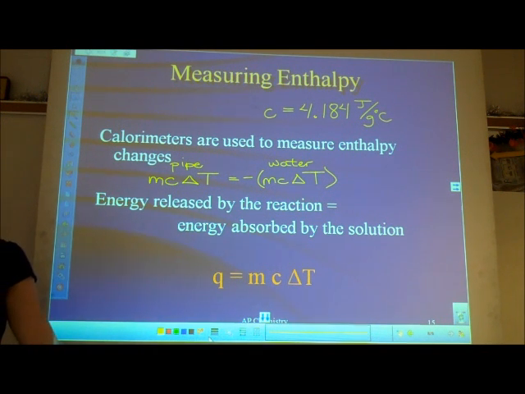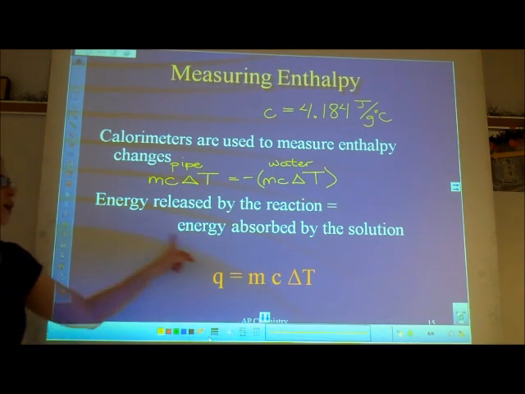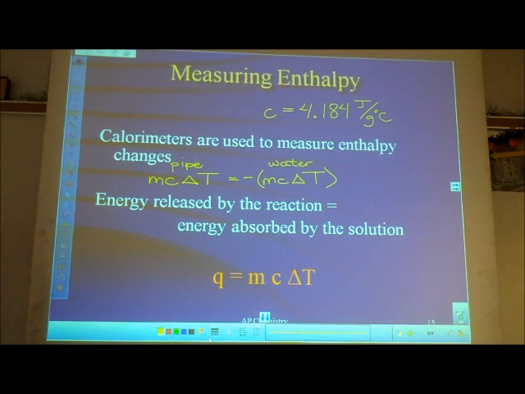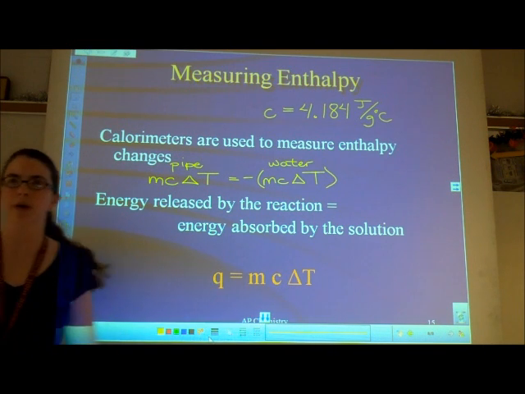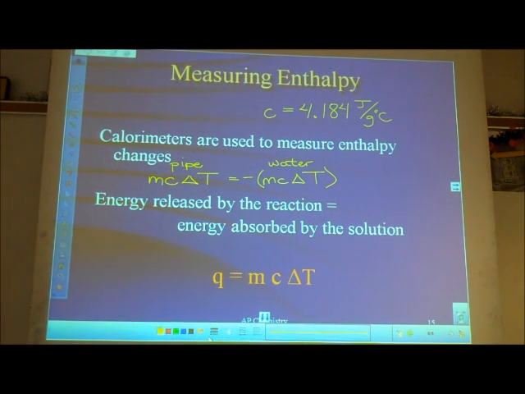So, ladies and gentlemen, let me rephrase this a little bit. The energy released by the hot part of the scenario will be equal but opposite in sign to the energy absorbed by the cooler thing. Okay?